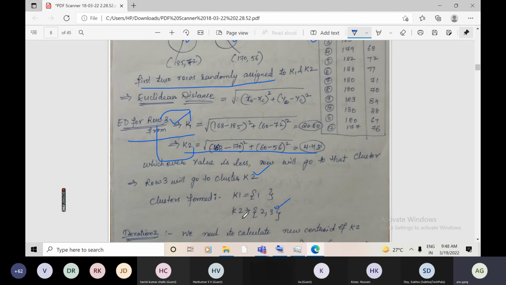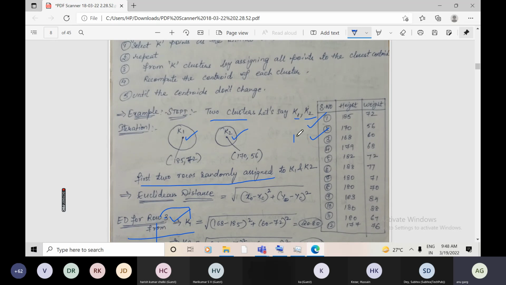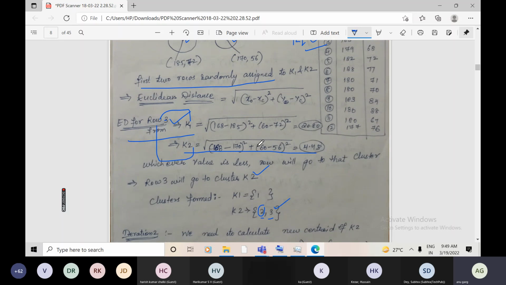So in the K2 cluster we now have 2 and 3. 2 was already there, we took it under cluster K2, and 1 we have taken under cluster K1. And finally, these are the clusters formed.